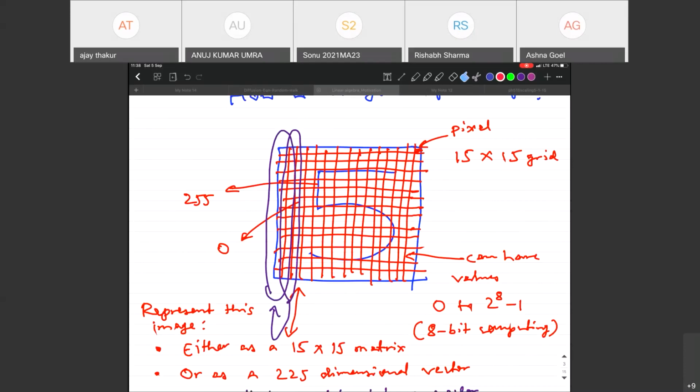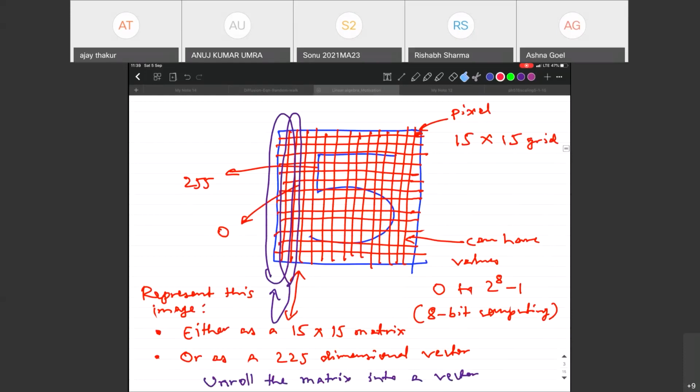We had a 15 by 15 grid, and each cell has some value, so we could have represented it as a matrix with 15 by 15 numbers. Now in this case, it was simply whether the points at which this digit, written as 5, overlapped with the grid, and where we had to put some numbers.